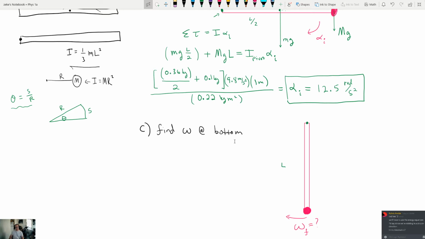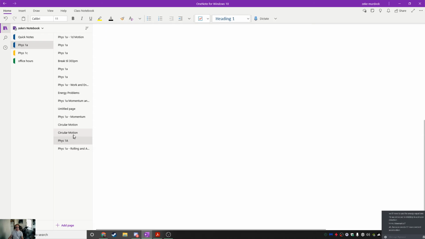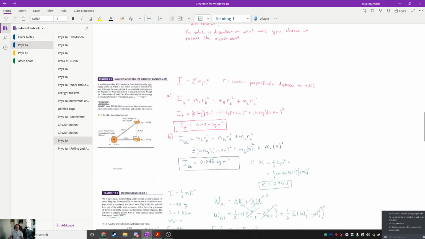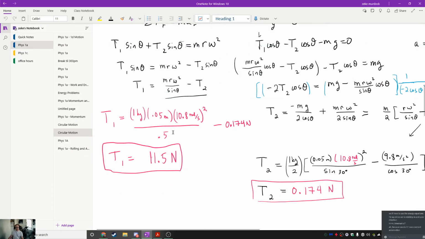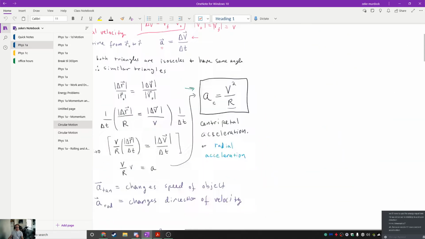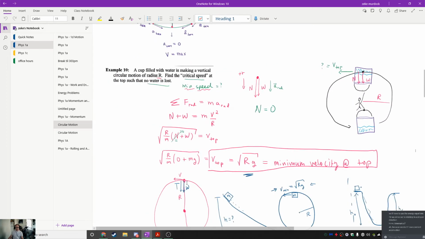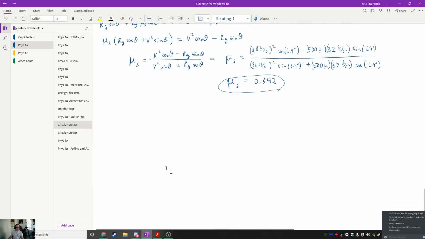Why can't we use the equations that we derived the other day, the circular motion equations? Where do they show up? Right here? No, it's the day before, or the day before that. I don't know which day we covered them.